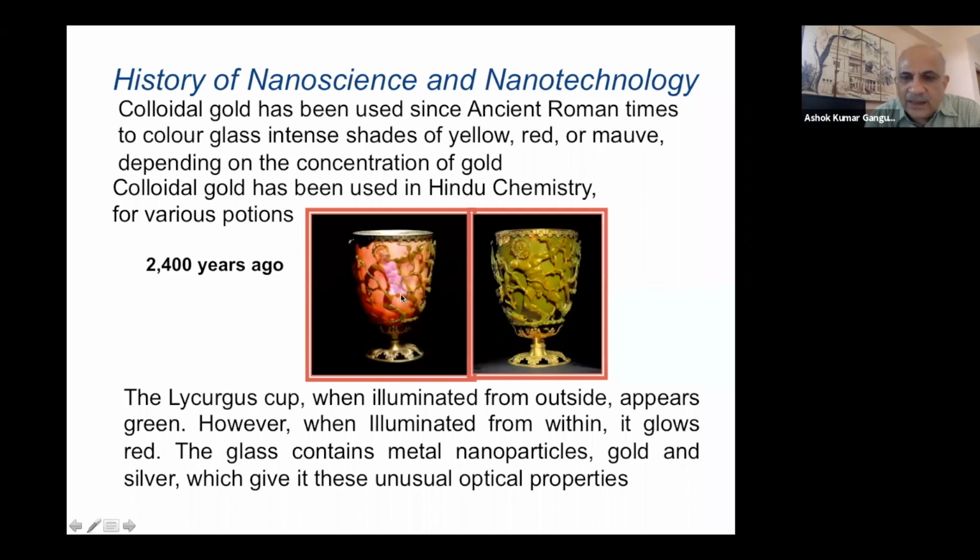This color of red and green is basically because there are gold nanoparticles within this glass. And this was made by people who did not know that nanoparticles are being formed. The way they were making the glass, you know, glass is you heat silicates to very high temperature in some material.